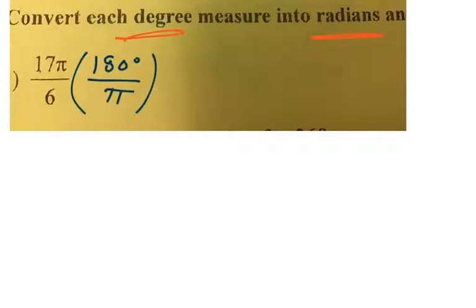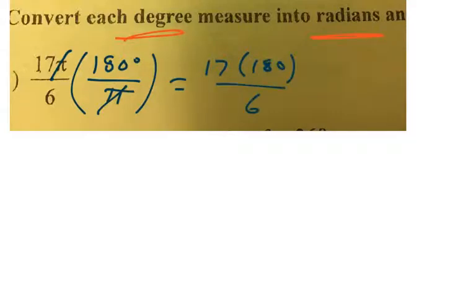And notice I did 180 over pi instead of pi over 180. Why? Because I want to cancel out my pi radians. You see? So now that pi is canceled out, I have 17 times 180 over 6.